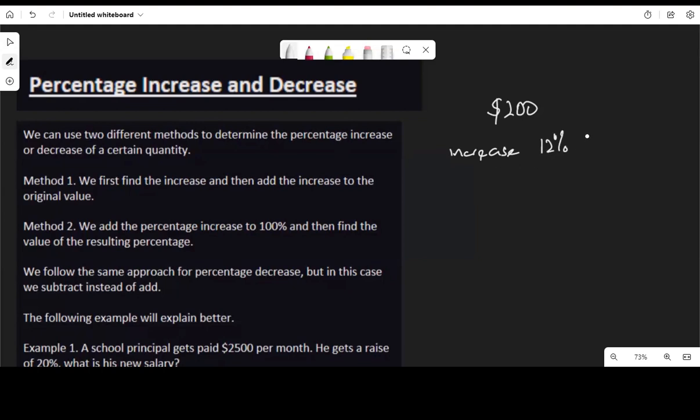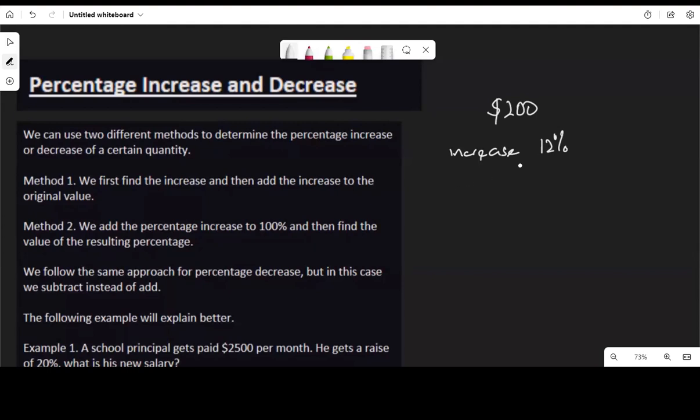One way is to first calculate this 12% of the original price, then whatever I get, I'll add it to the original price to get the new price. Another way is to add this 12% to 100% and then use the 112, that is after the addition, and multiply it as a percentage of this. What do I mean by that?